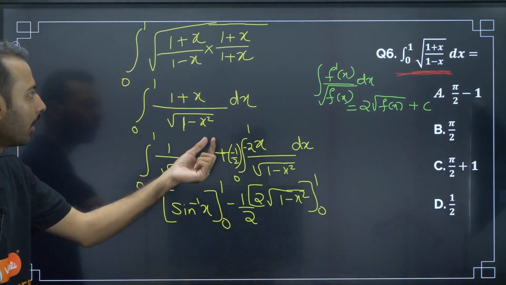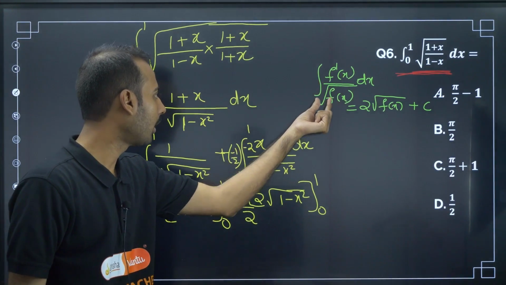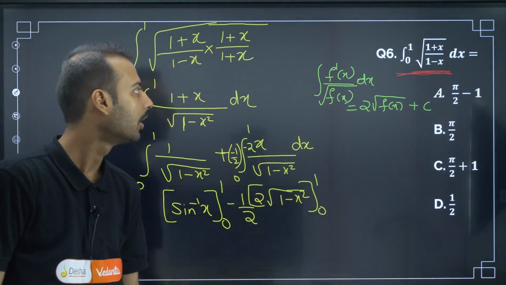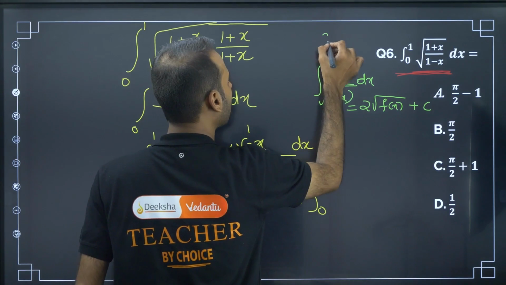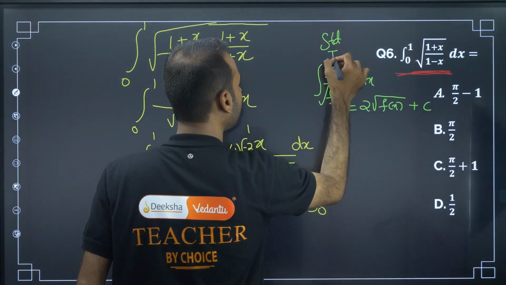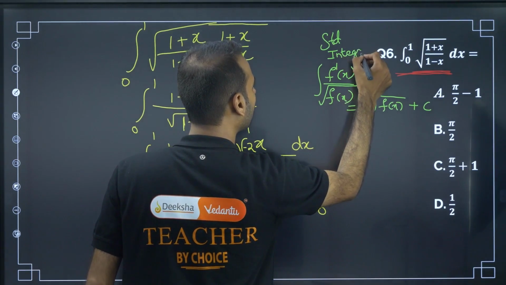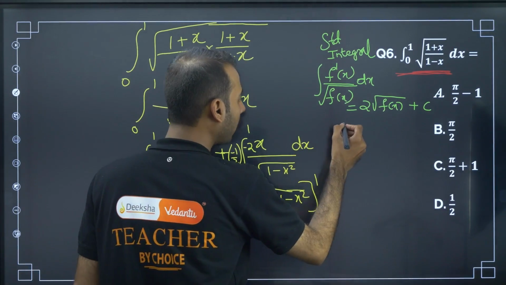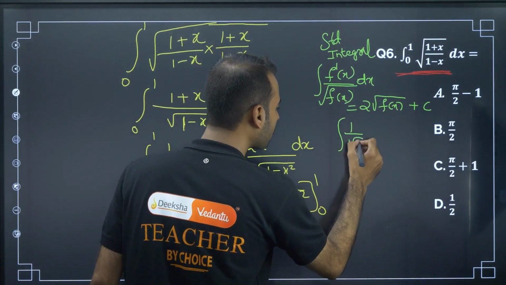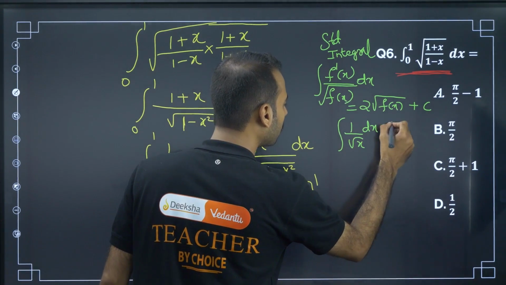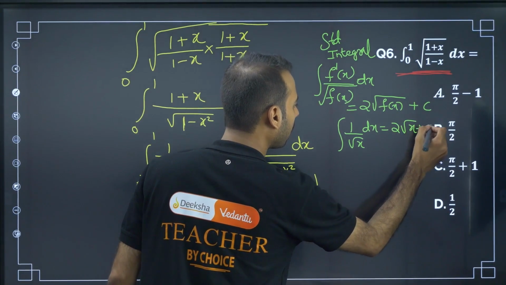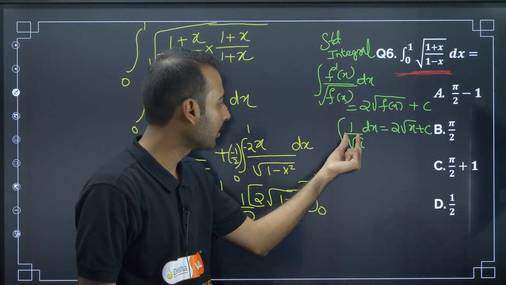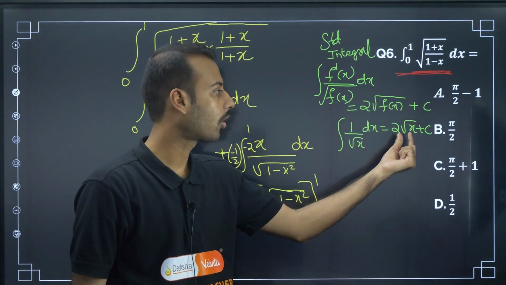See here, this is one standard: one function's derivative, and under root that function is there in denominator, that is equal to 2 root f of x plus c. Or else you might be already aware of this, integration of 1 by root x dx is equal to 2 root x plus c. So how you relate this, I will assume that you are already aware of this.